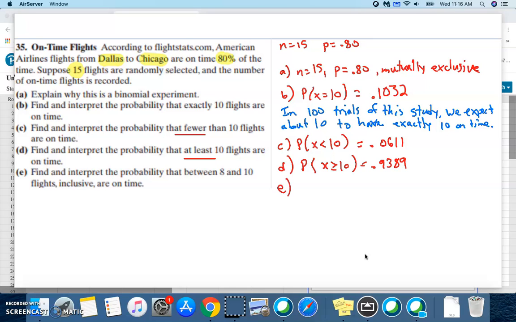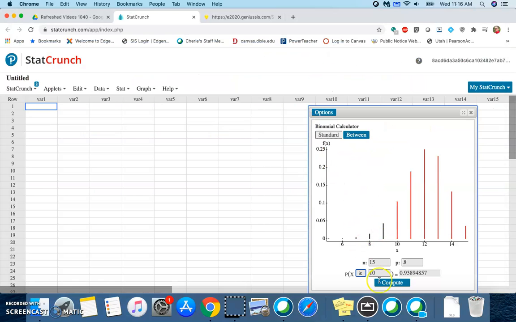Okay, now part E, find the probability that between 8 and 10 flights inclusive are on time. So this is the probability that x is greater than or equal to 8, but less than or equal to 10. Inclusive means it can include 8 and 10, so this is the probability of 8, 9, or 10. Over here on this calculator, notice right up above there's a between button.